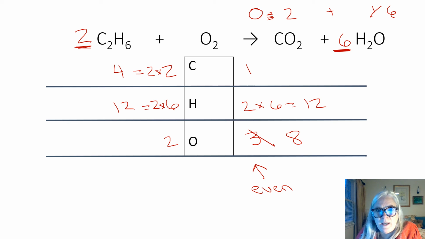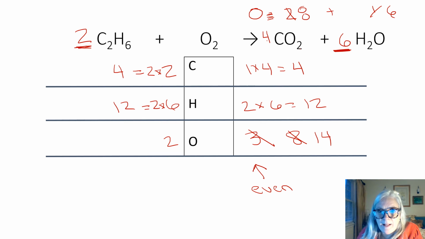Okay, to get 4 carbon on this side, I need to multiply this by 4. So now I have 4 carbon. 4 times 2 gives me 8, plus 6 gives me 14 oxygen.